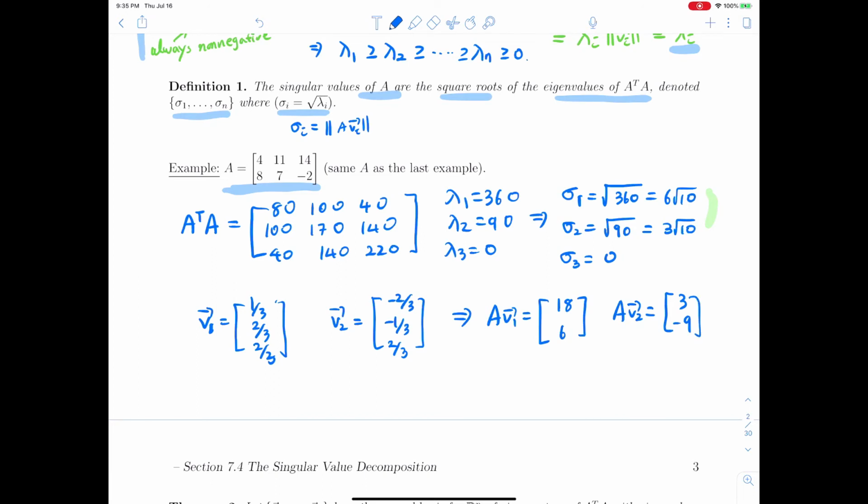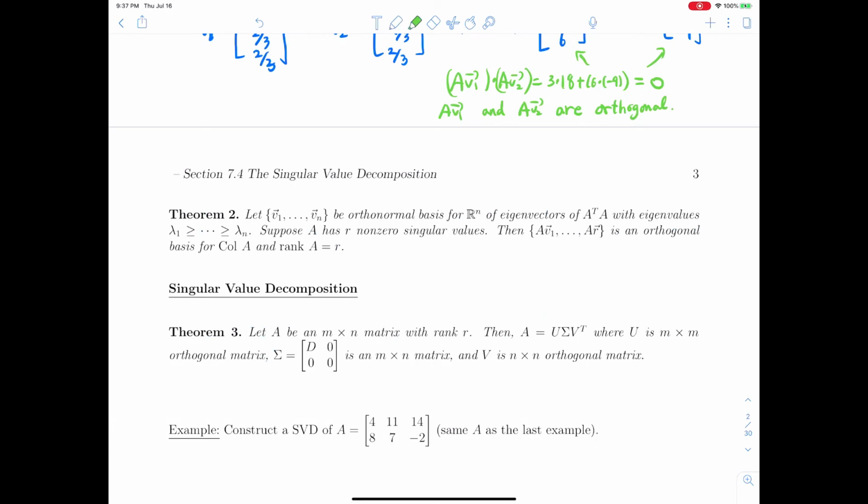And if you calculate the dot product of these two vectors, then AV1 dotted with AV2 equals 3 times 18 plus 6 times negative 9. That equals 54 minus 54, which is simply 0. So we get that AV1 and AV2 are orthogonal to each other.